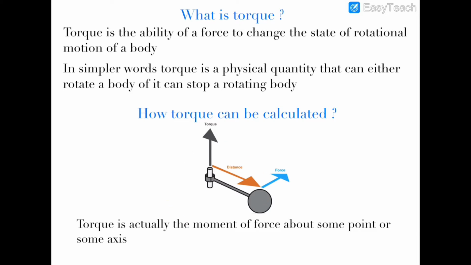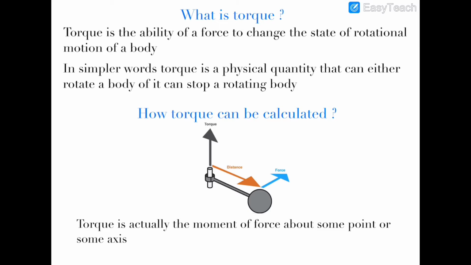If we apply some force on this ball in the tangential direction of its circular motion, then this force will produce a torque which will rotate this ball about the hinge, and that torque would be equal to the product of this force and the distance of the point at which force is applied from the hinge. So this is the torque, which is the product of force and this distance.